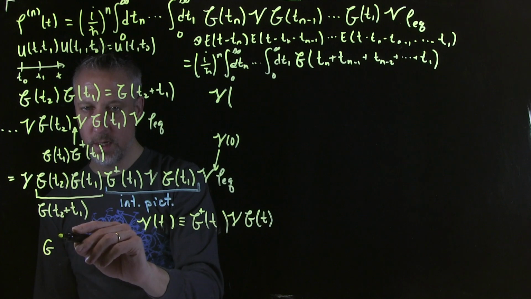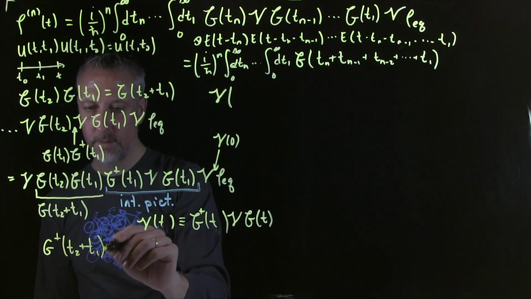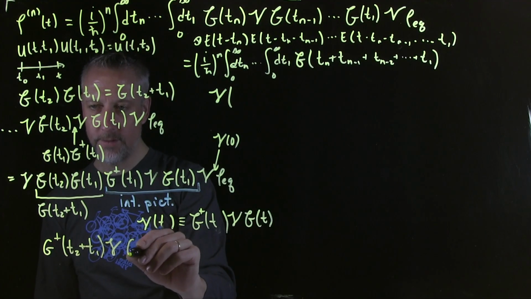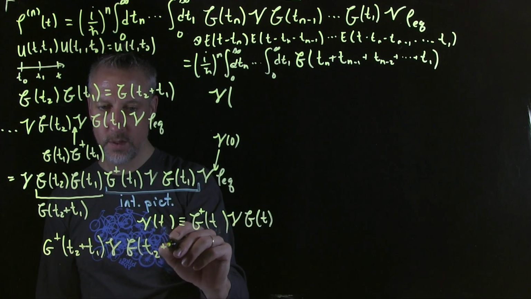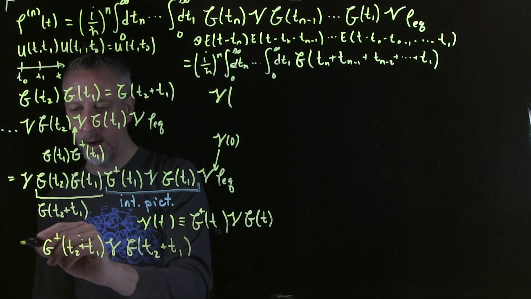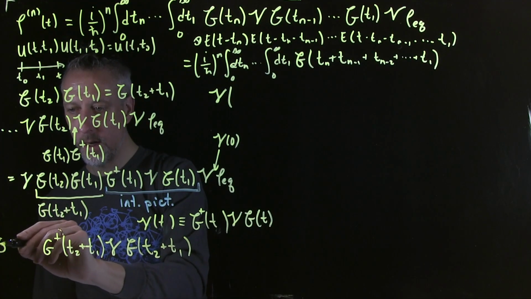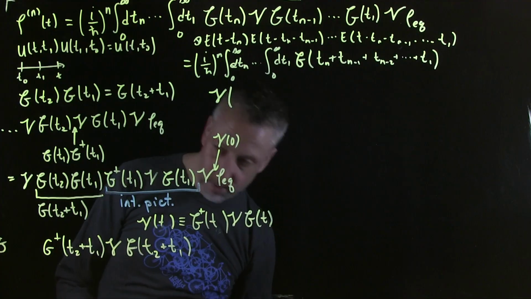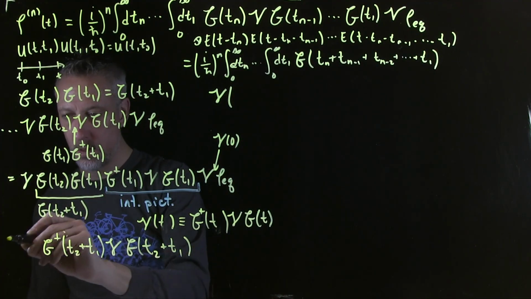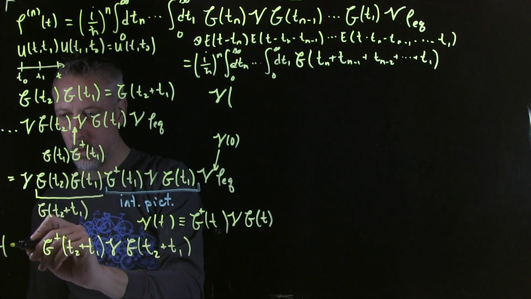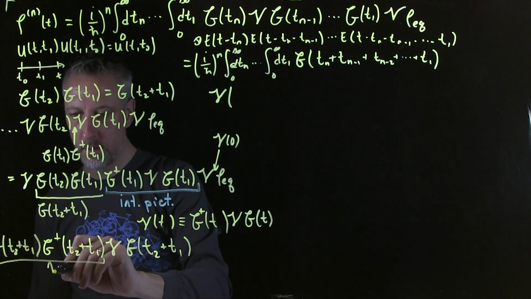So it'll be G dagger T2 plus T1, V. We already have the G over here from the one we just did before, T2 plus T1. And then on the other side, we have to put 1 in, in this form. Those G's are horrible. T2 plus T1. This is the 1, the identity.